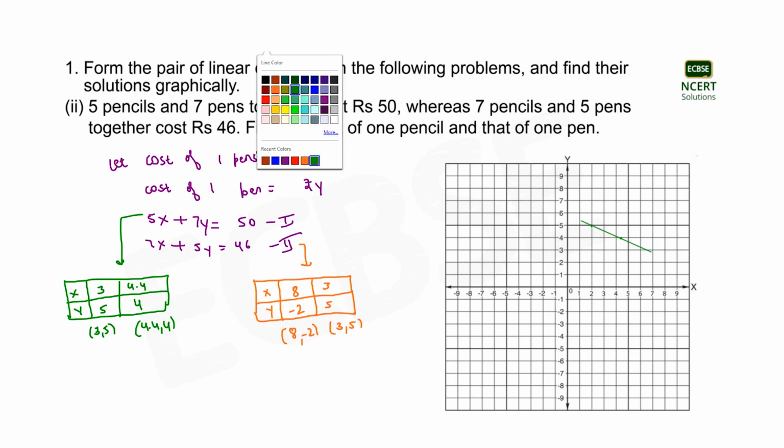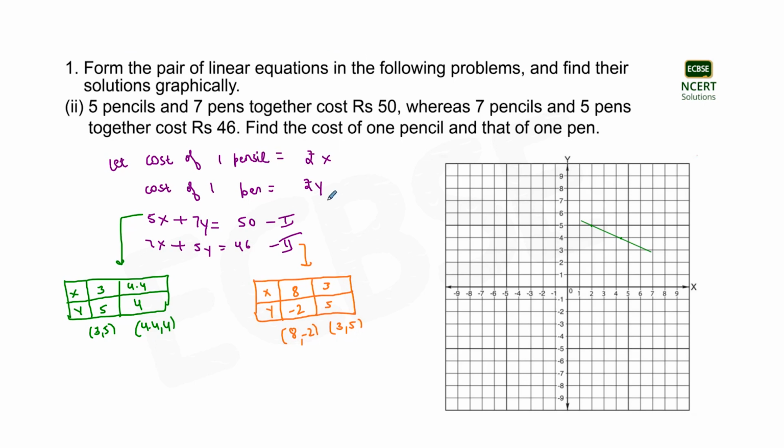Now coming to the second table, marking the points, that is 8, -2, that is this point, and the next point is 3, 5, which is this point.